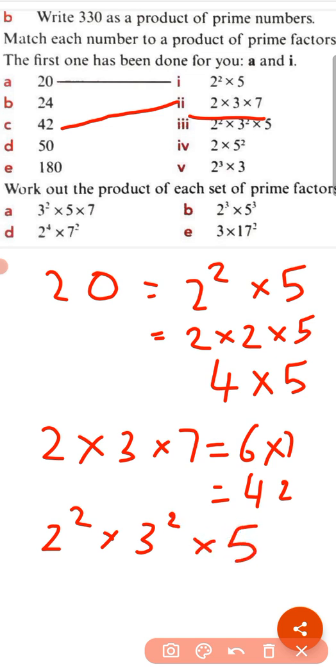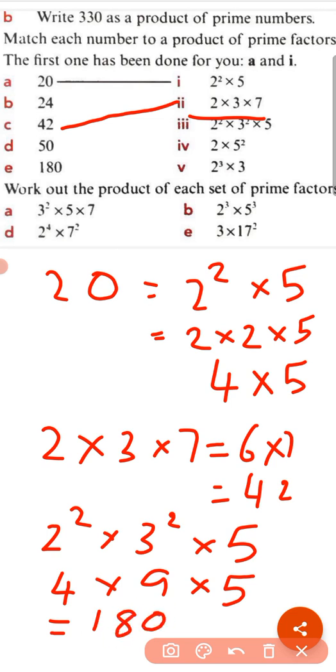Okay. 2 to the power of 2 means 2 into 2, 4. 3 to the power of 2 means 3 into 3, 9. 4 into 9, 36. 36 into 5, 180. Okay. So you can match this to 180.